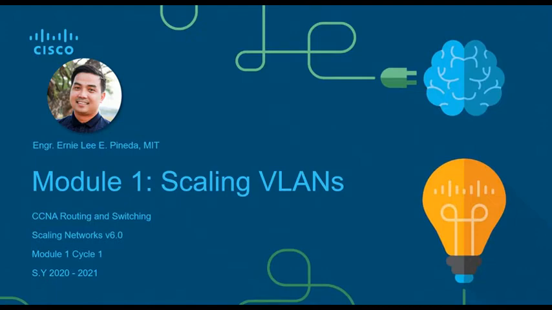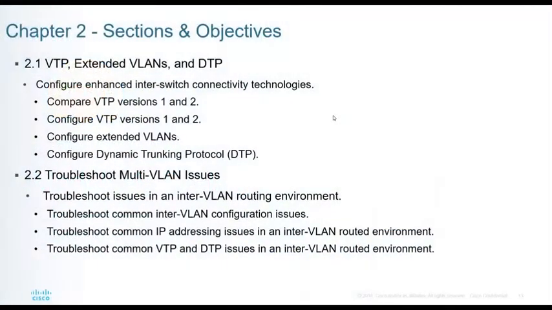Without further ado, let's take a look at this module's objectives. For this section's objectives, we're going to talk about VTP or VLAN Trunking Protocol, Extended VLANs, and DTP or Dynamic Trunking Protocol.